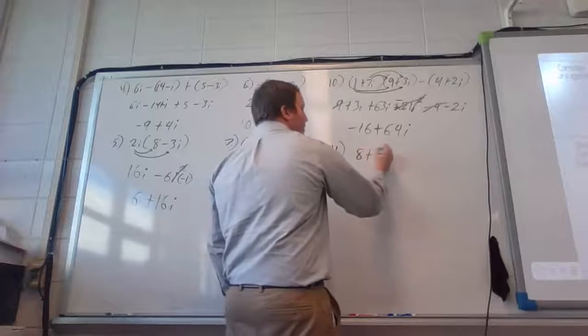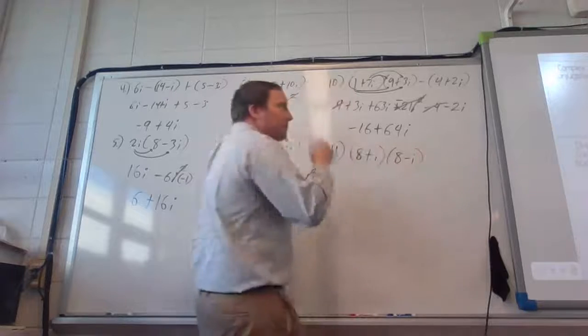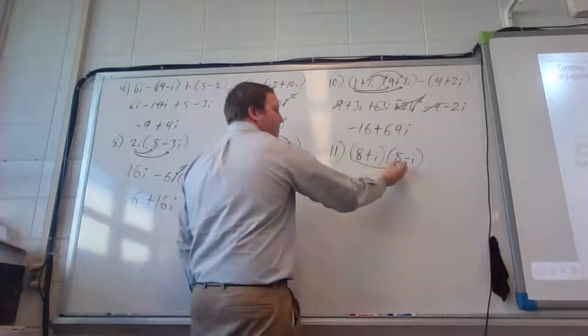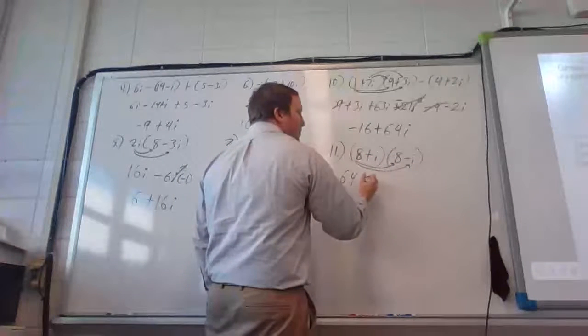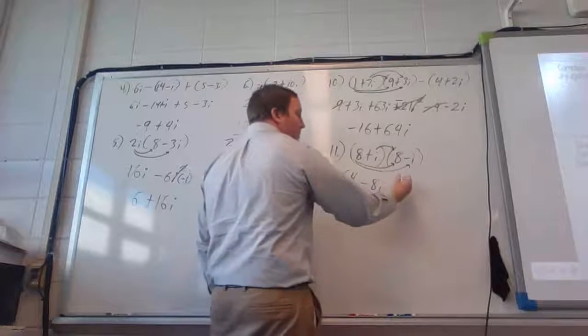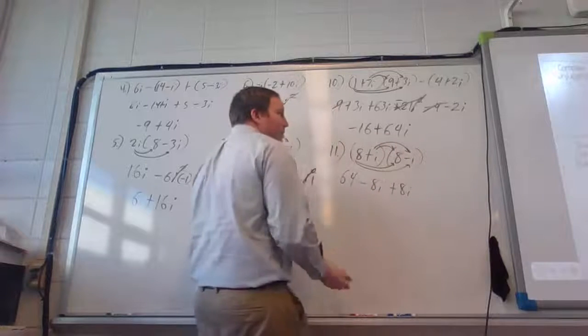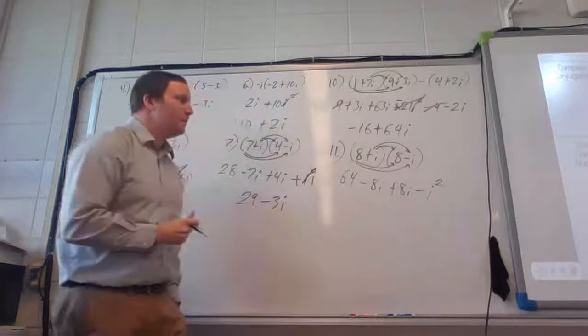So let's look at this first one. We have 8 plus i times 8 minus i. When we FOIL this out, 8 times 8 is 64. Then we have 8 times a negative i, negative 8i. And then i times 8 gives us a positive 8i. And then i times -1 is a negative i squared.